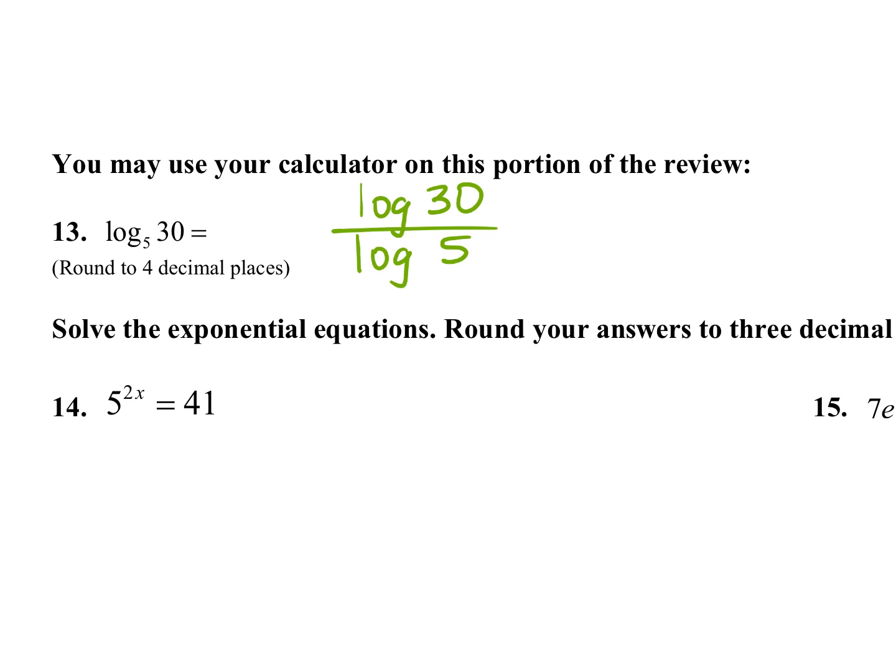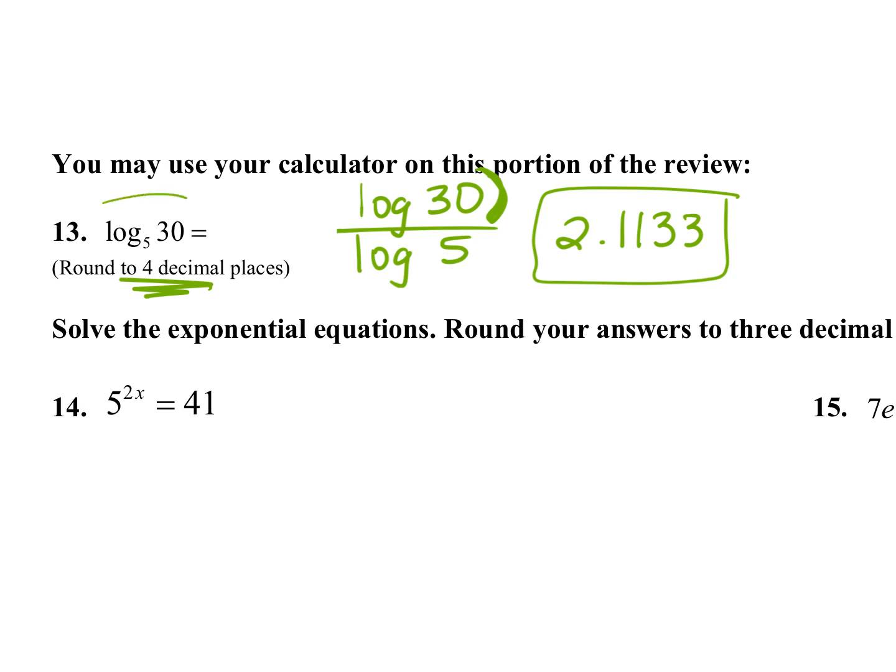So log 30, parenthesis, make sure you put that parenthesis in, divided by log 5. And you get 2.1133 if we are rounding to 4 decimal places. Just remember that that's a formula, right? Log 30 divided by log 5, change of base formula. That should be the easiest one on there if you just remember the formula. Just got to plug it into your calculator.